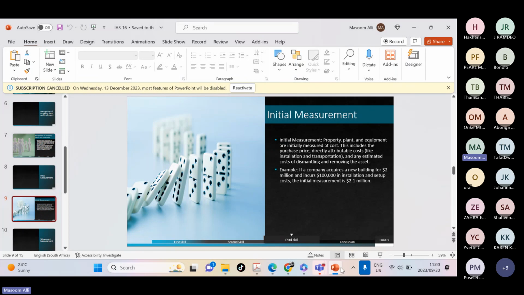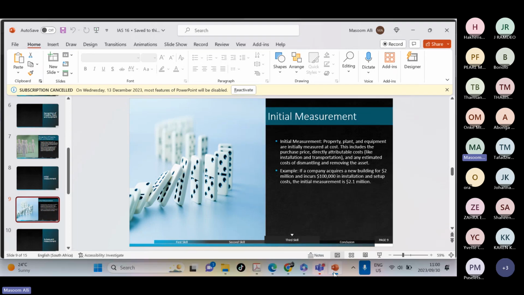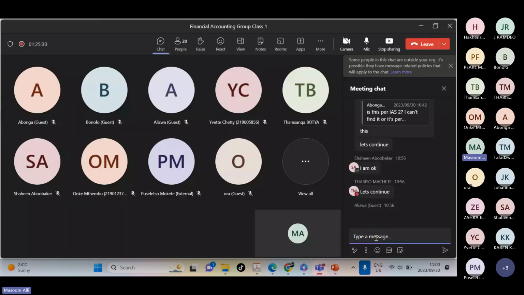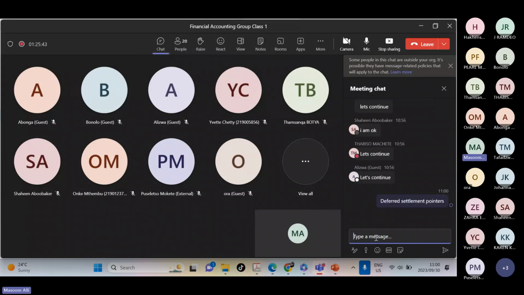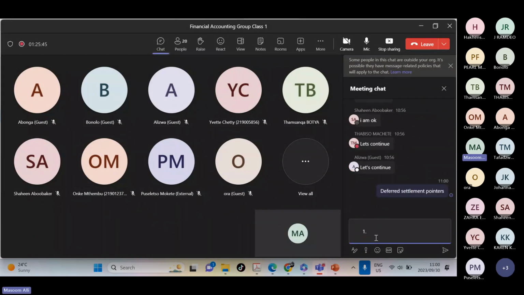So let me just type a few notes on this, on your deferred settlement, rather, not consideration. I'm thinking of revenue. Just let me know if all of this is coming up on your screens.